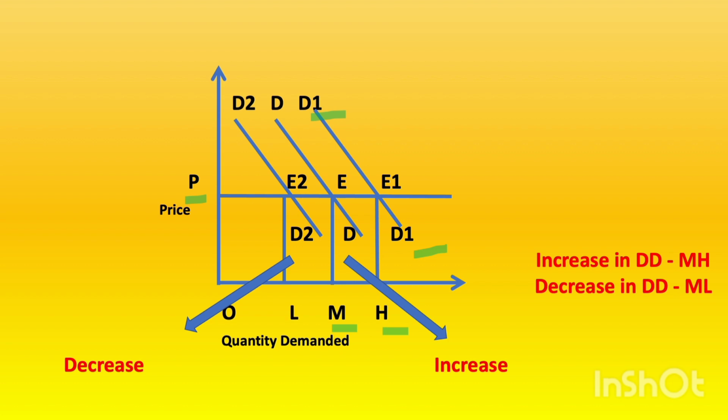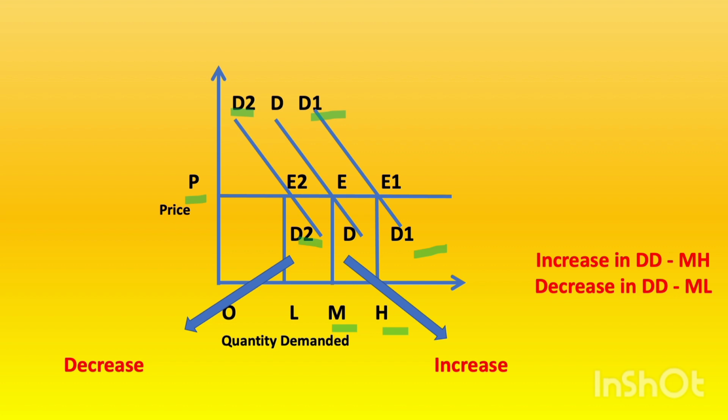There is an increase in demand from M to H, and this you tell it as an increase. Okay, and when the demand curve shifts towards its left, that is, from DD it moves on to D2D2, that is a decrease in demand. Okay, so at that time when the price is OP, the quantity demanded is OL, the equilibrium point is at E2.